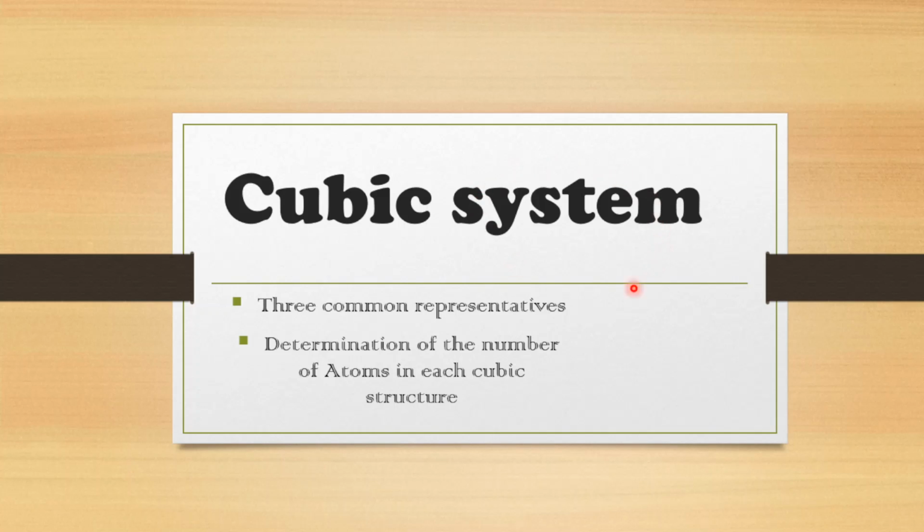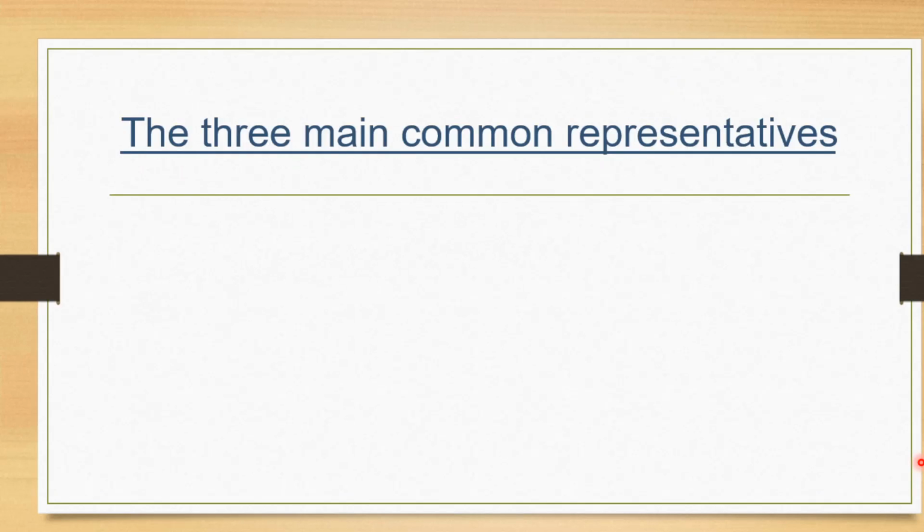Under this topic, these two subtopics will be discussed: three common representatives and determination of the number of atoms in each cubic structure. Let's see what are the three main common representatives.